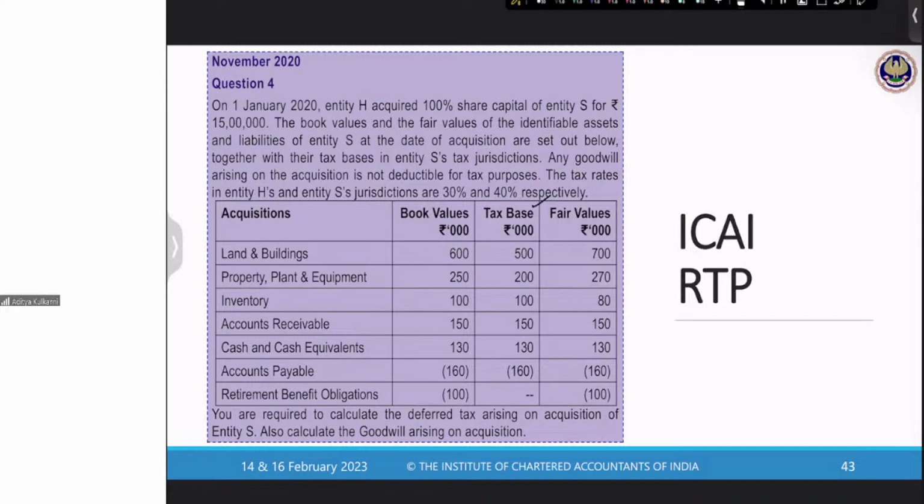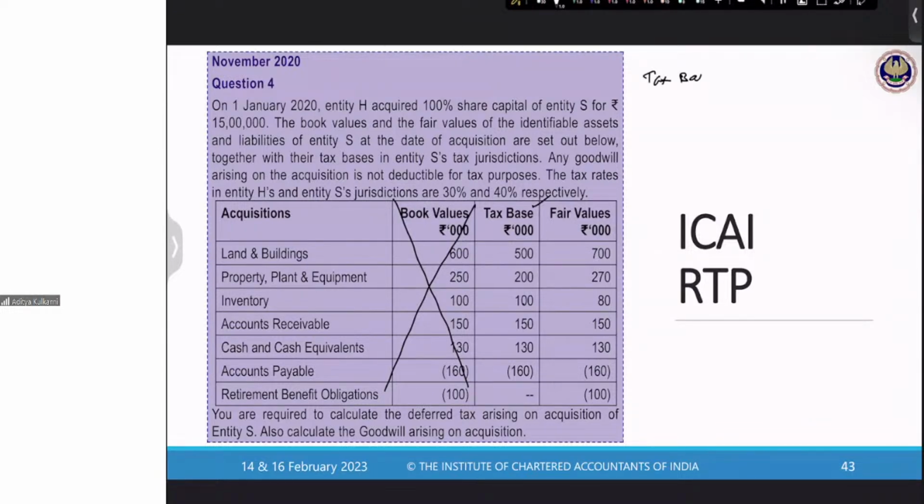So what am I going to ignore is my book values. I'm going to ignore this because I'm not recording it based on the book values. My carrying amount will be based on the fair values because it is a business combination. So if you look at the net assets acquired, for the tax base, it will be 500, 200, 700, 800, 1080 minus 160.